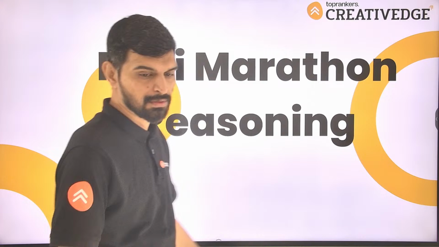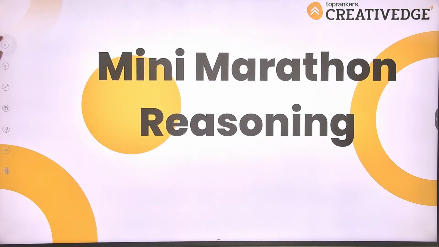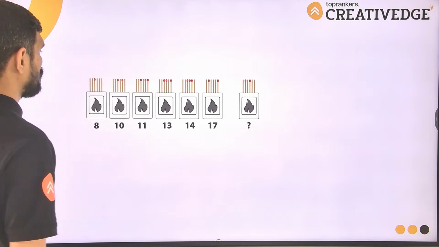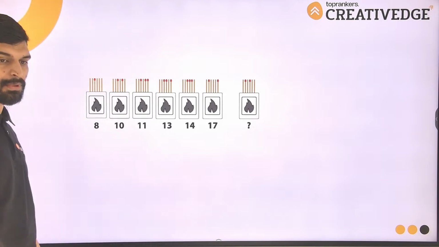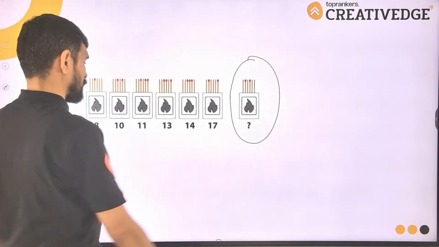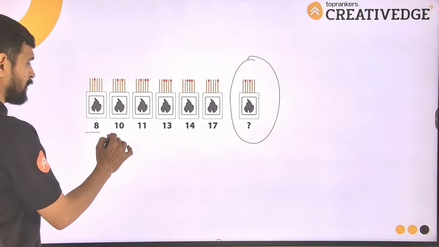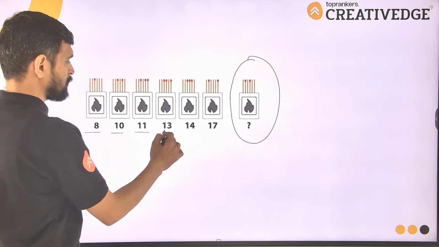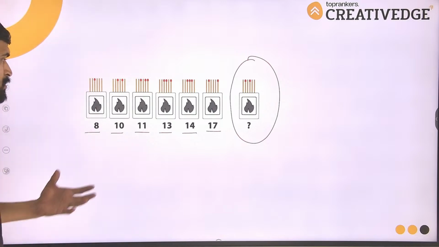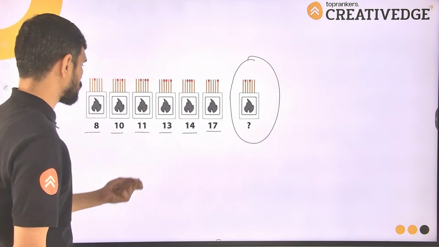Alright. So the very first question in this type is you have to identify what will be the number here if this number is 8, this number is 10, this number is 11, 13, 14, and 17. So based on this, you just have to relate to the numbers.